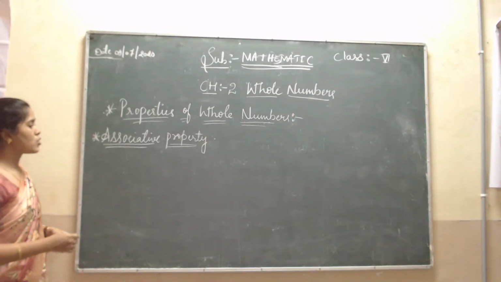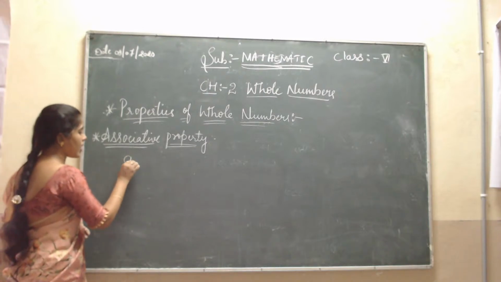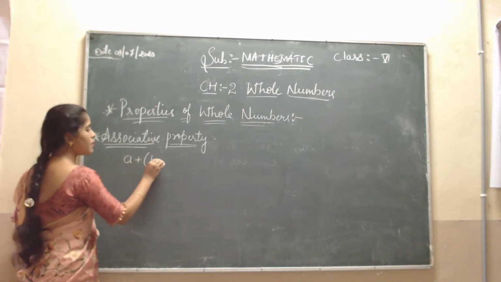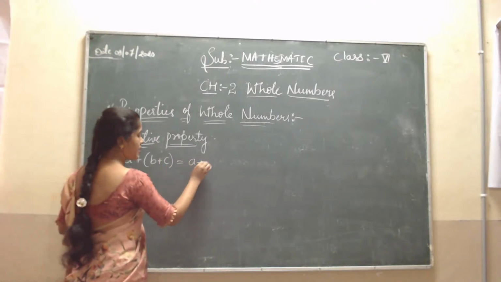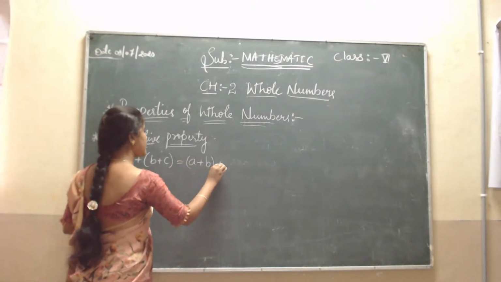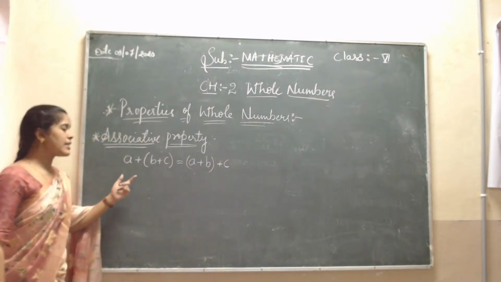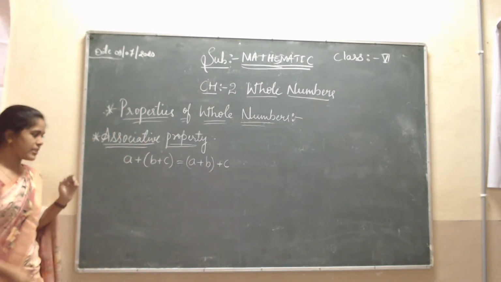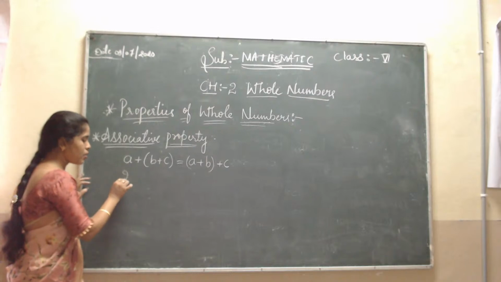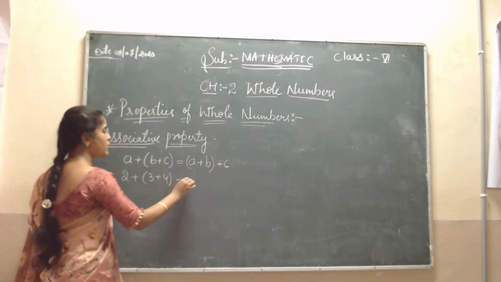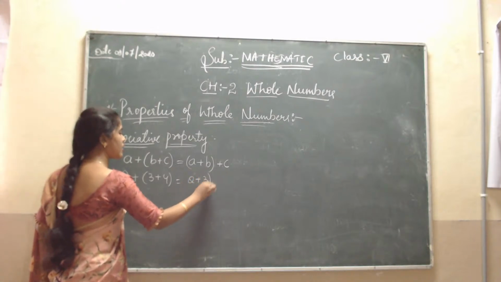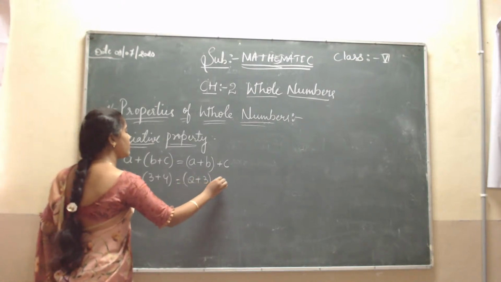Here in the associative property, a plus (b plus c) equals (a plus b) plus c. These three are whole numbers. Take a whole numbers example: 2 plus (3 plus 4) equals (2 plus 3) plus 4.